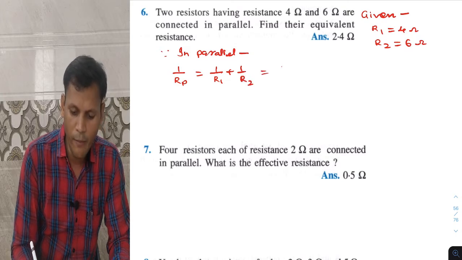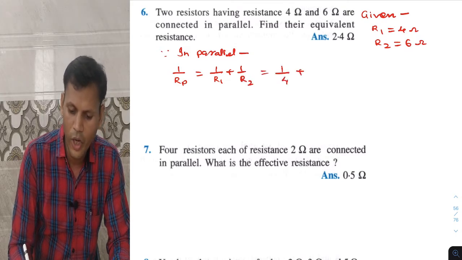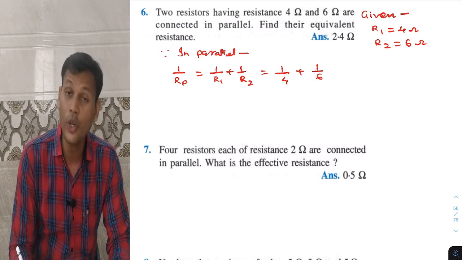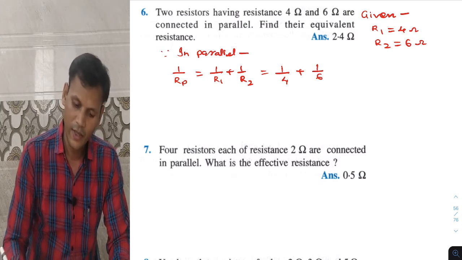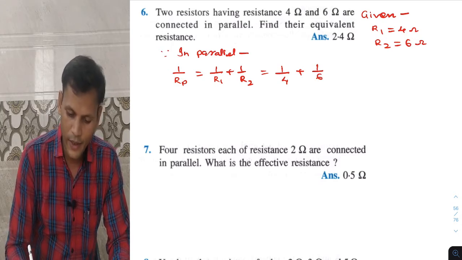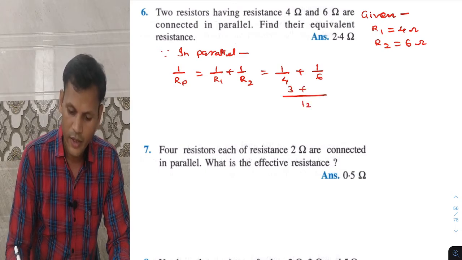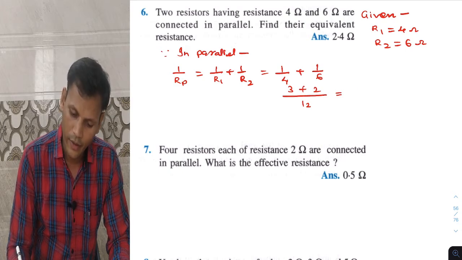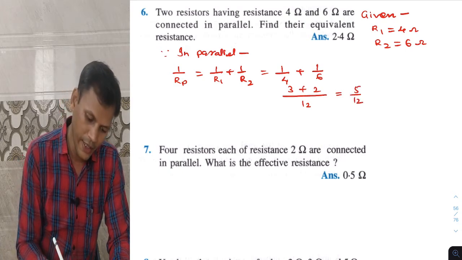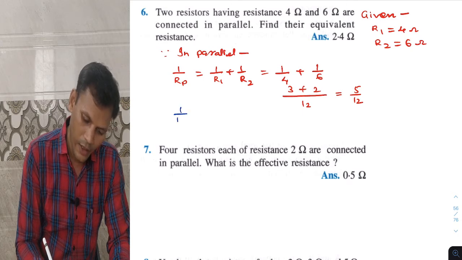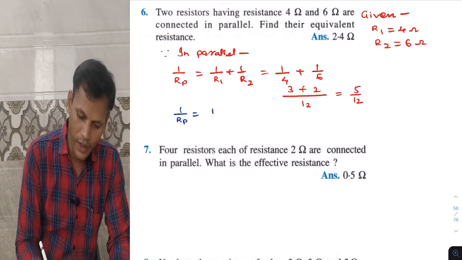So it will be 1 upon 4 plus 1 upon 6, because R1 is 4 and R2 is 6. The LCM will be 12: 4 3s are 12 plus 6 2s are 12, so 3 plus 2, it will be 5 by 12. So we get 1 by Rp is equal to 5 by 12.